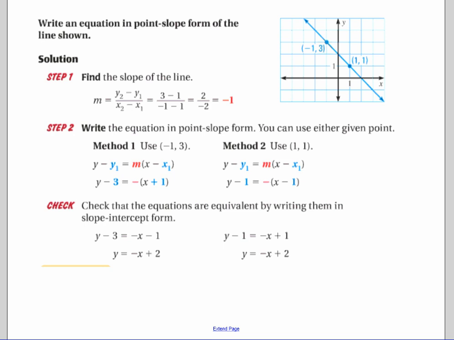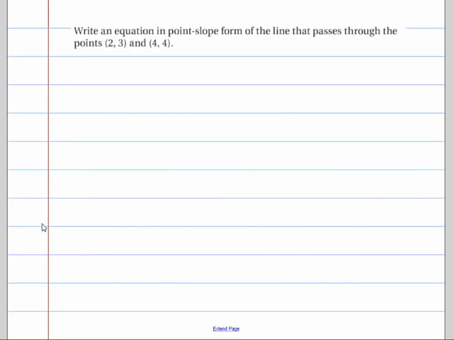All right, last example in this video. Write an equation in point slope form of the line that passes through the points (2, 3) and (4, 4). So the first thing I'm going to do is find my slope between my 2 points. So I'm just writing out my slope formula here just so I remember it.